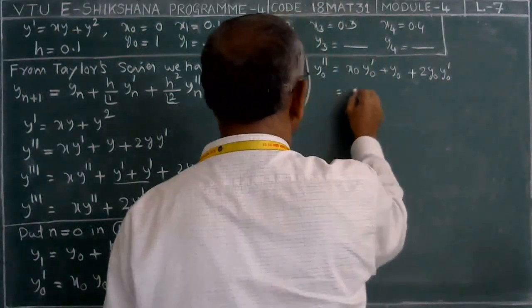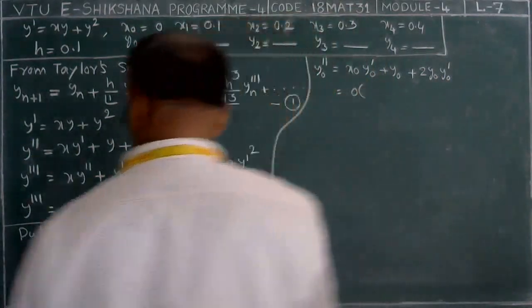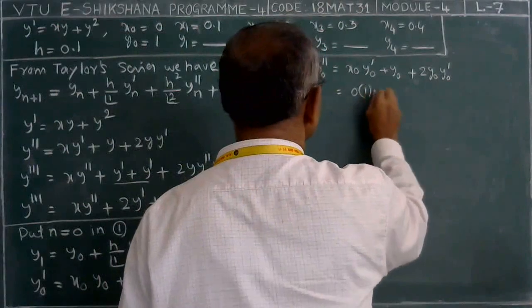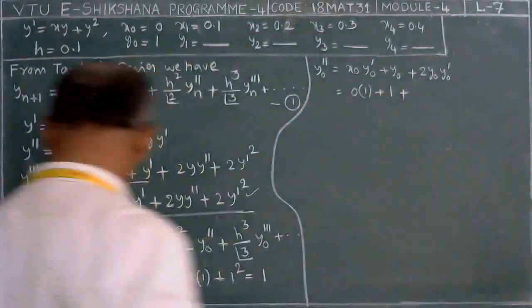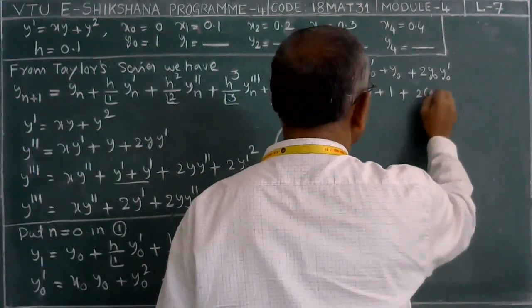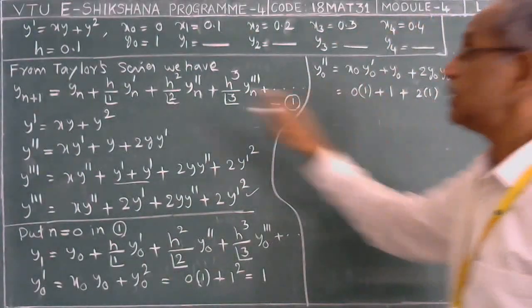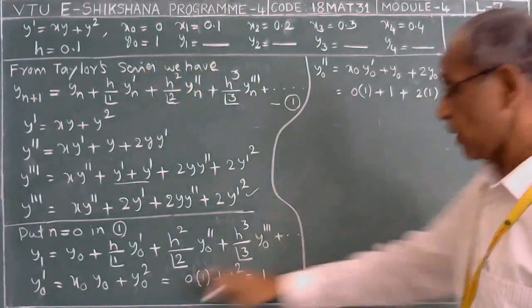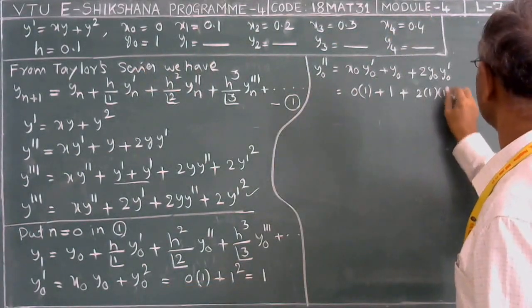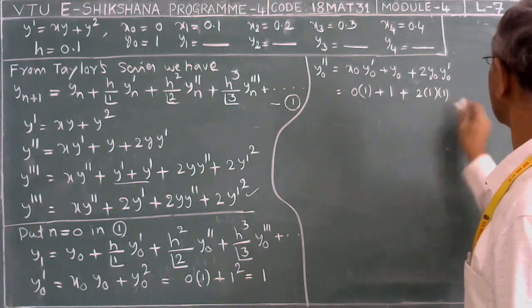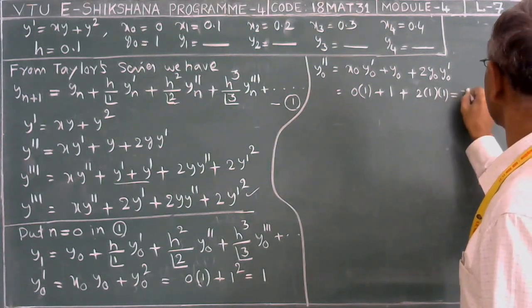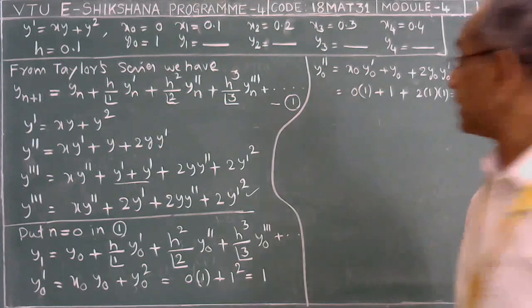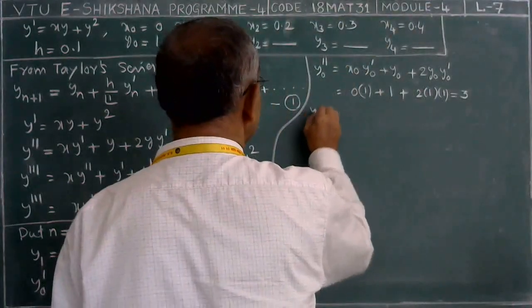So x naught is 0, y naught dash is 1, plus y naught is 1, plus 2 into y naught is 1, y naught dash is also 1. That is 1 plus 2 is equal to 3. So y naught double dash is 3.